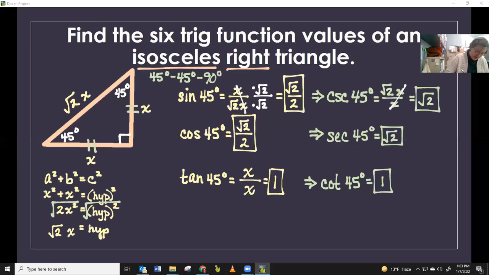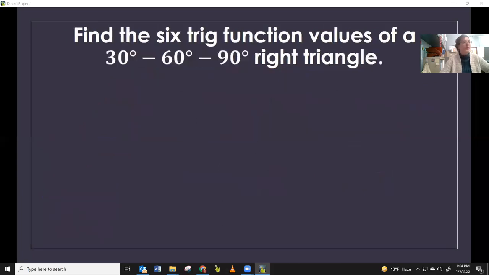The other special right triangle is known by what angles? Yes, 30, 60, 90. So let's go do our 30, 60, 90.